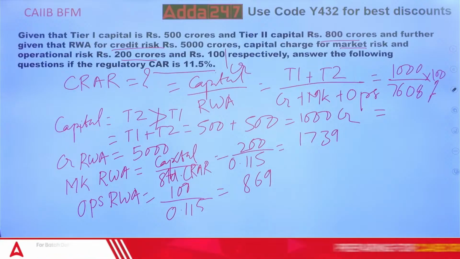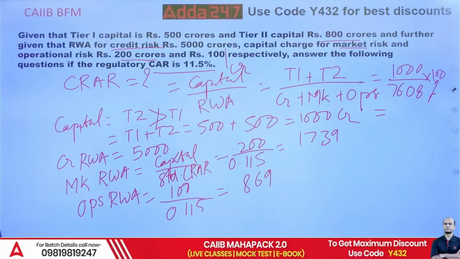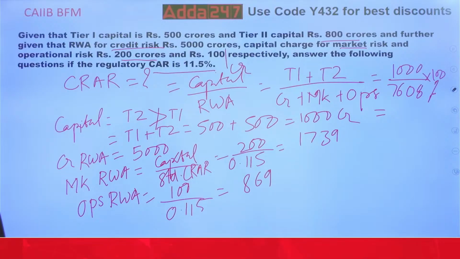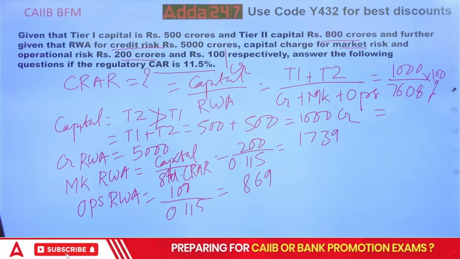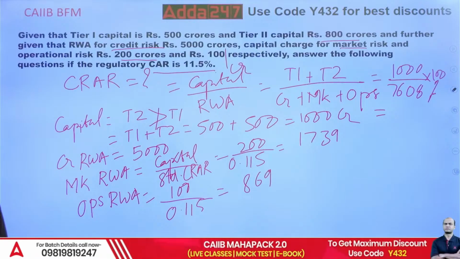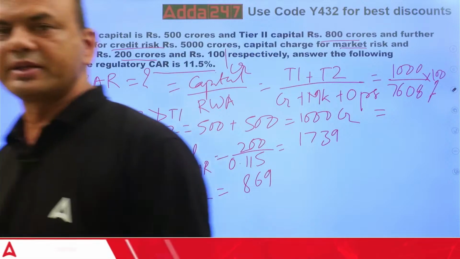What are you getting? 1000 upon 7608. So you are getting it as 13.14%.